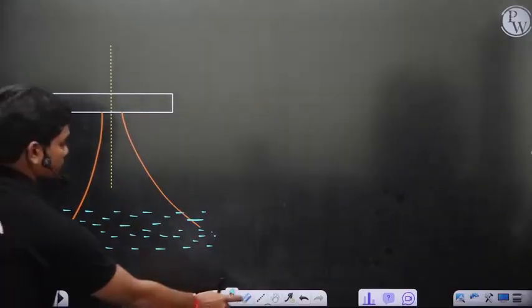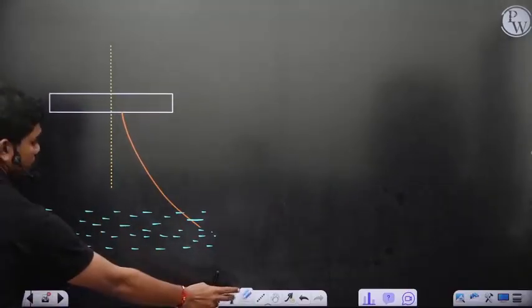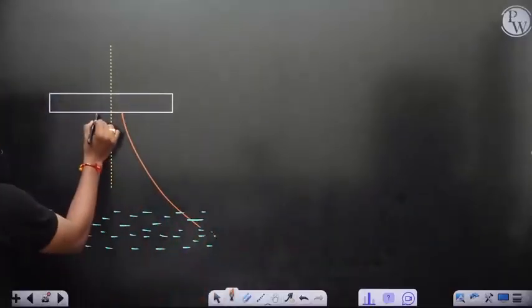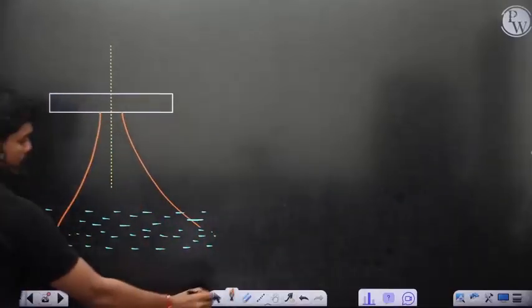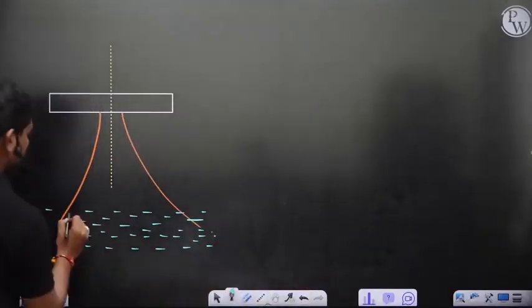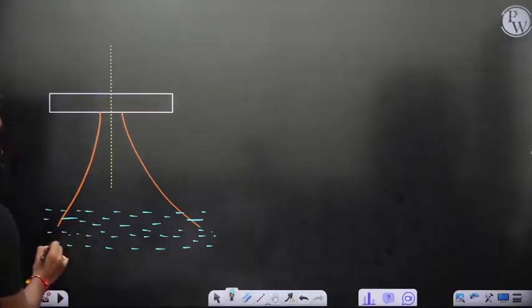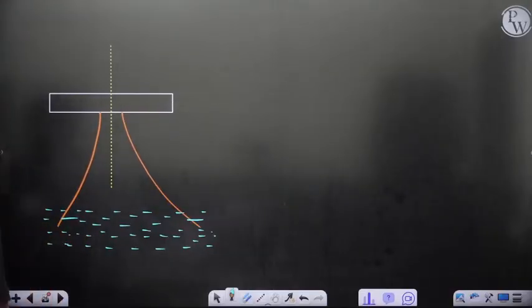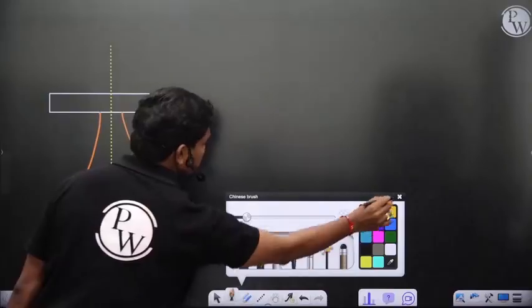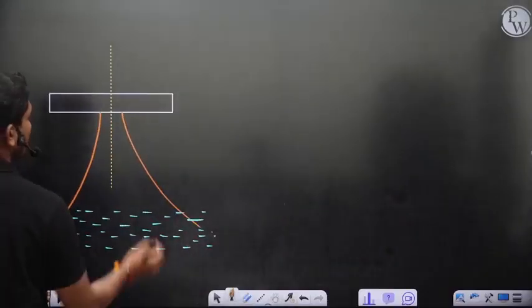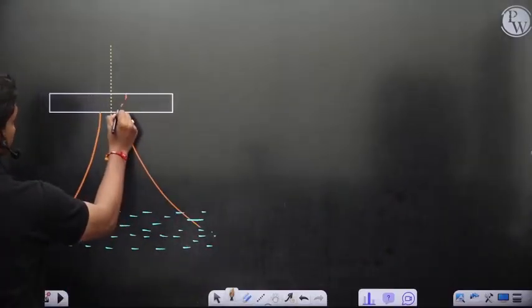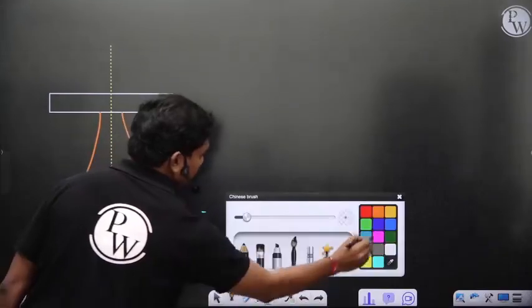We have the turbine, and of course there are blades which you can see maybe like this.